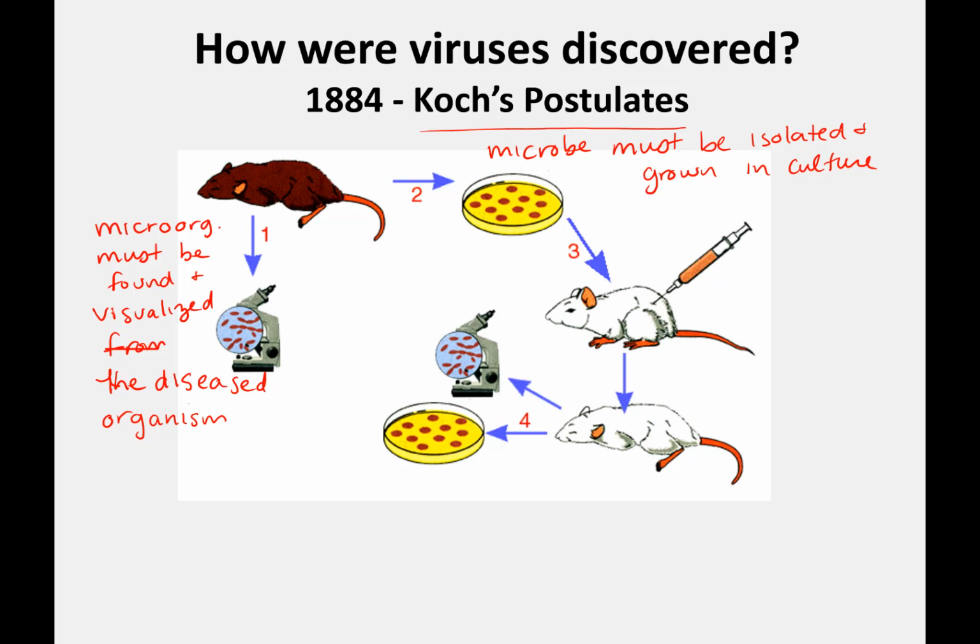The third part of Koch's postulate is the microbe must cause disease when put back into a healthy host. And viruses would have done this, but we weren't able to get from step 1 and step 2.